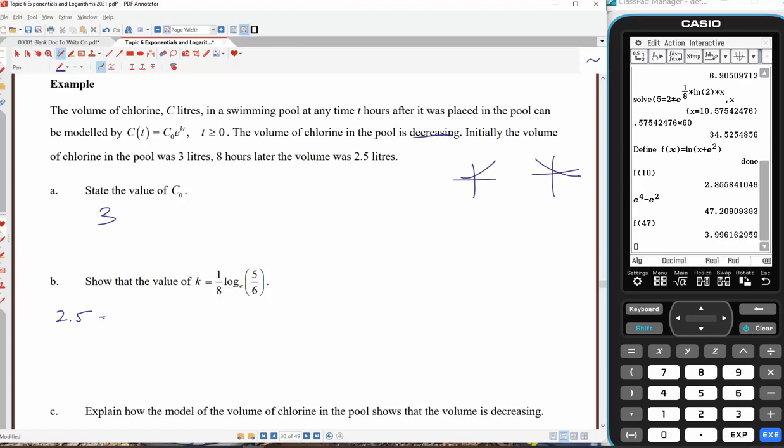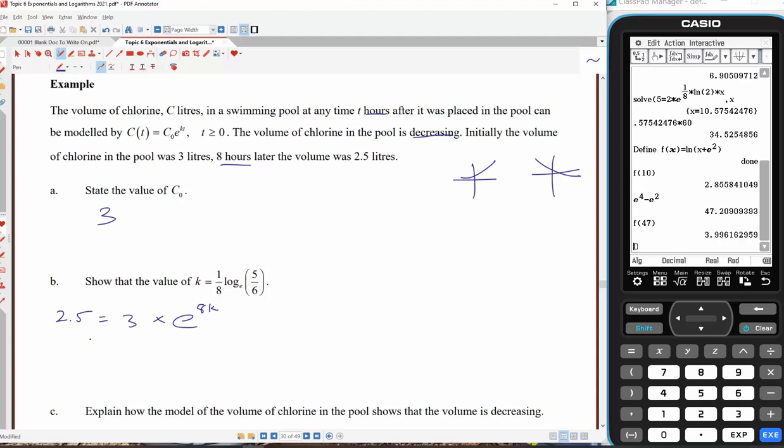C0 is 3. Show that this is the case. 2.5 equals 3 times e to the 8k, 8 hours. We presume that T is in hours, yep, so that's going to be 8.